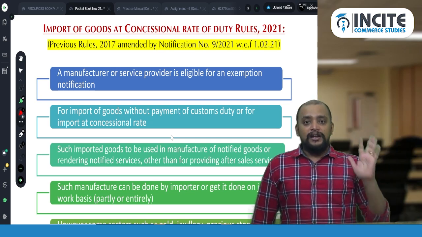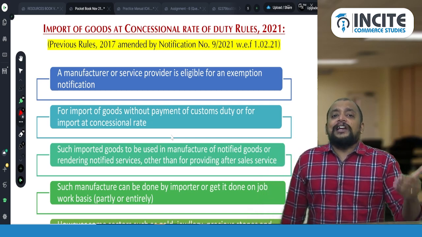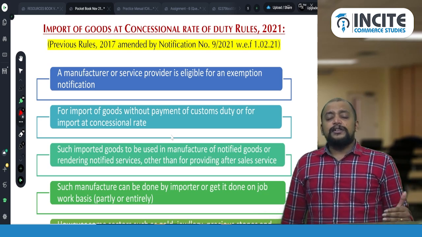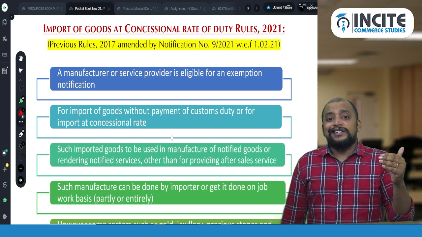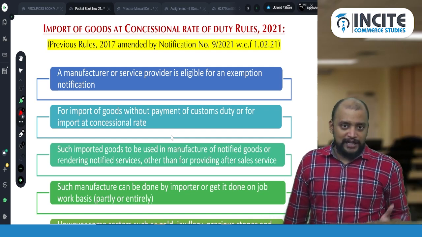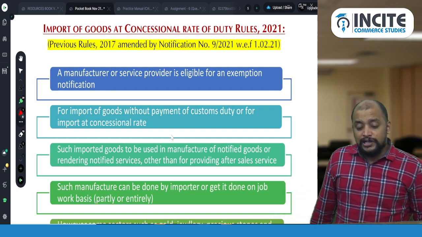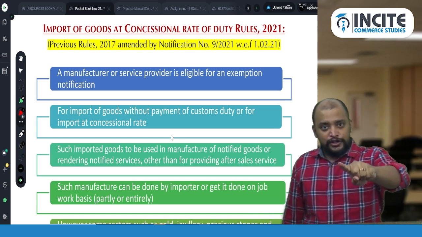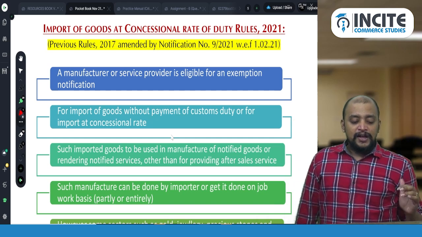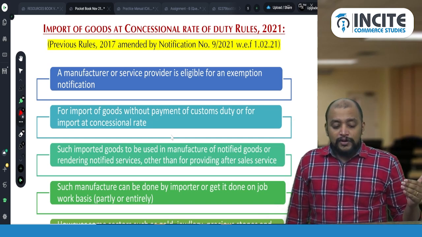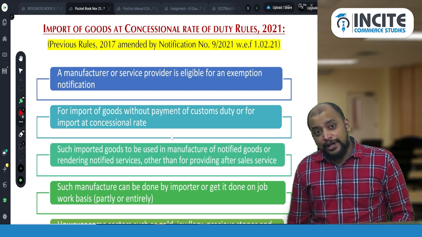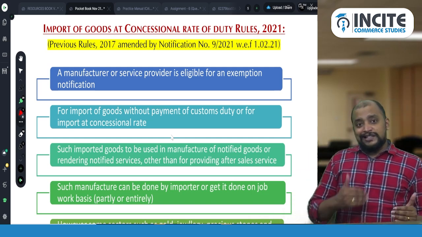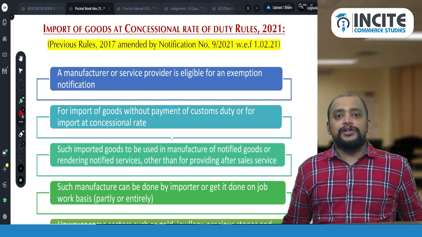Okay. Now, how does he need to claim the exemption? So first, we are discussing the eligibility, to whom it is applicable. A manufacturer or service provider is eligible for an exemption notification. Understood? For import of goods without payment of customs duty or for payment at concessional rate. Whatever example I gave you is a manufacturer.